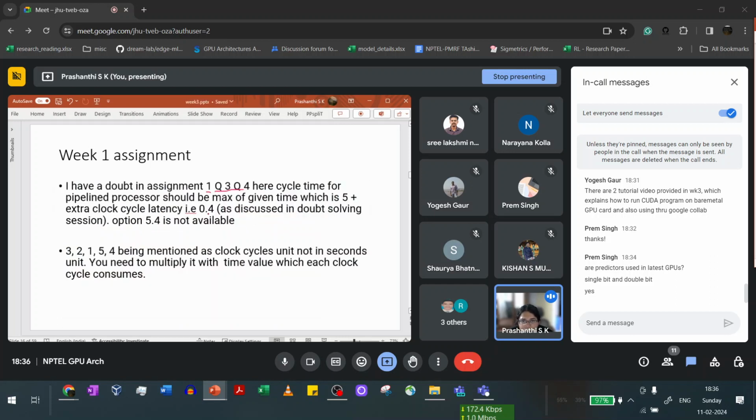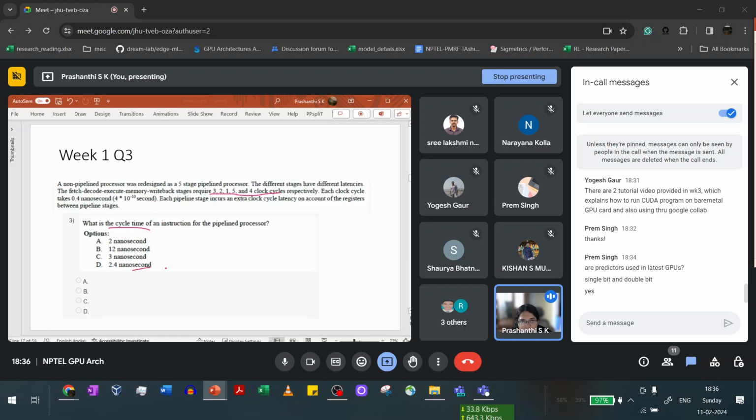This person was asking that it should be the max, which is 5, plus the extra clock cycle latency of 0.4, but 5.4 is not available. One of you answered saying that this is mentioned as clock cycles and not in seconds, but the options are in seconds, which is correct.